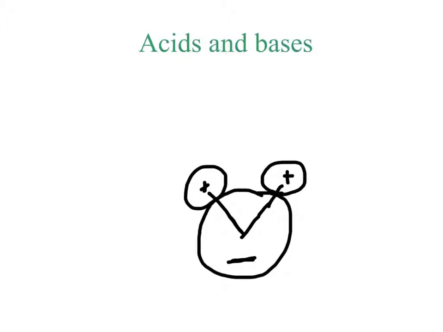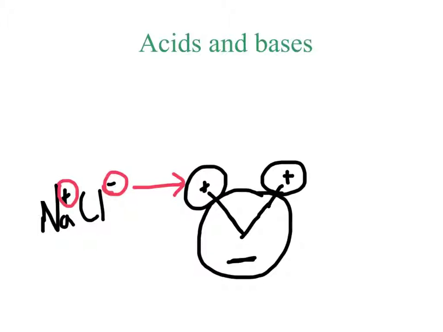Remember, solvent means basically that it can dissolve something. And the reason it dissolves something is because of these charges. When water is near an ion, let's say sodium chloride, remember sodium chloride has a positive sodium and a negative chloride. The negative side is attracted to the positives on water, and the positive sodium is attracted to the negative on water, and so in reality it would be different water molecules that pull it apart.